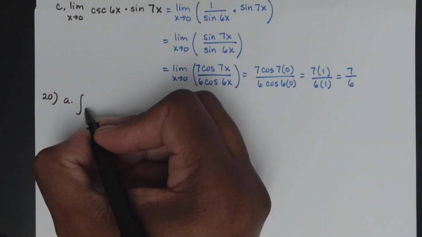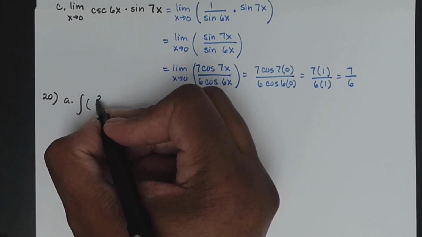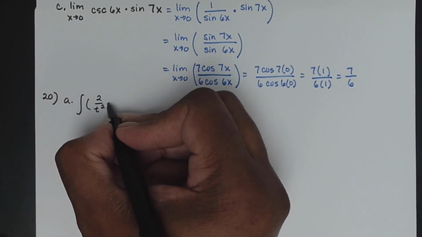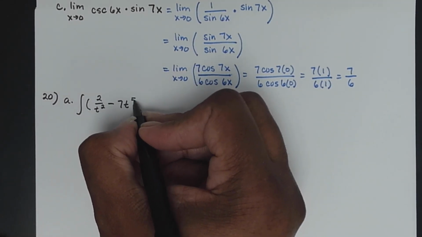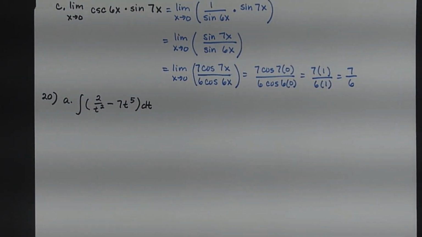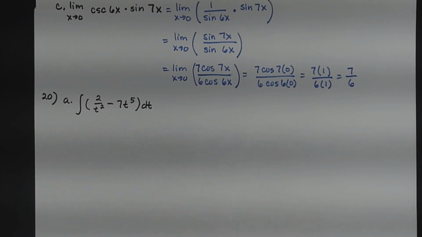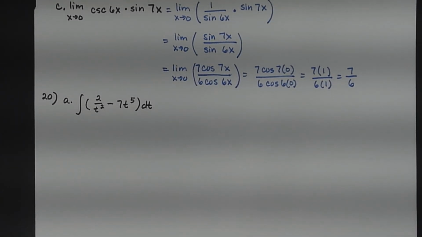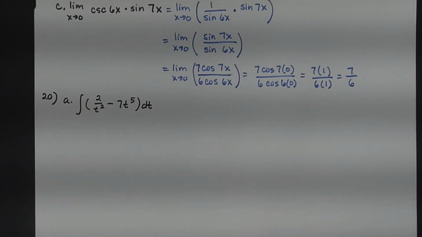Here we got the integral of 2 over t squared minus 7t to the 5th dt.